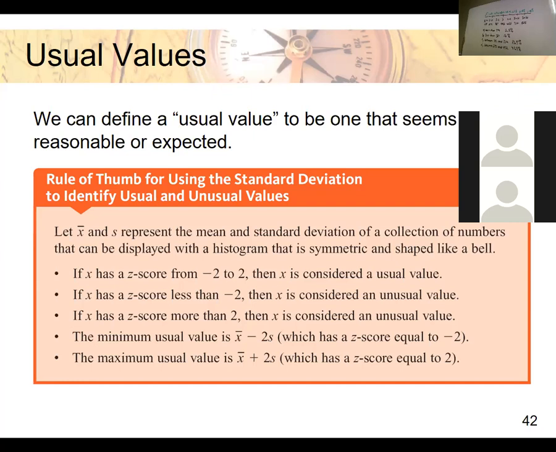And that will have a z-score equal to 2. Okay, so you first have to find out what your minimum and maximum usual values will be before you can determine whether the x value with that z-score is going to be usual or unusual. Okay.